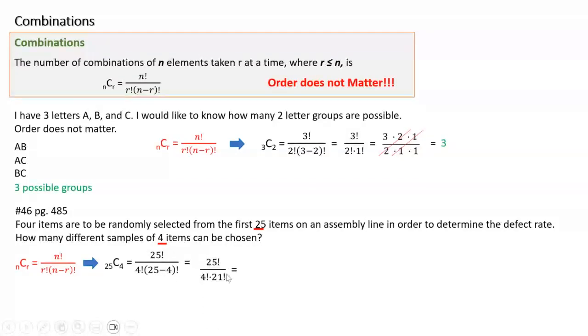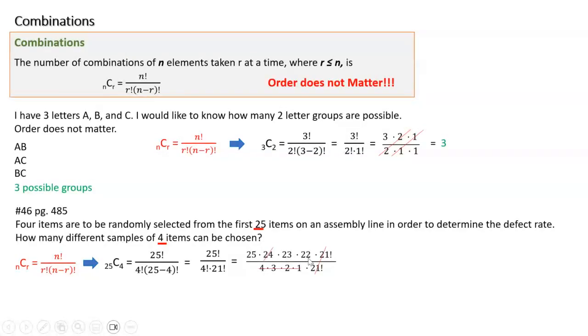Put everything into the formula. We get 25 factorial over 4 factorial times 21 factorial. We're going to write 4 times 3 times 2 times 1 for the 4 factorial, and on top, we stop at 21 factorial. This way, it'll be easier to cancel. Those cancel. 4 times 3 times 2 times 1 is the same thing as 24.